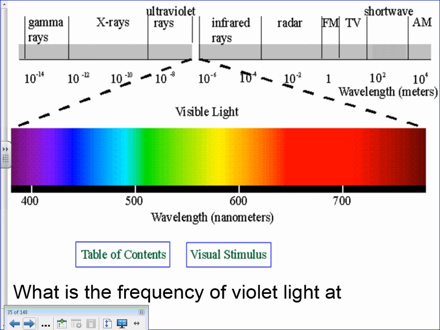Okay, this is the way I memorized it. I made up a stupid mnemonic device to help me with that. But gamma rays are incredibly small. They're 10 to the -14th meters. Radio waves are very large, 10 to the 4th meters. How many meters tall am I? How many feet tall am I, do you think? Okay, 5'7", let's be real.